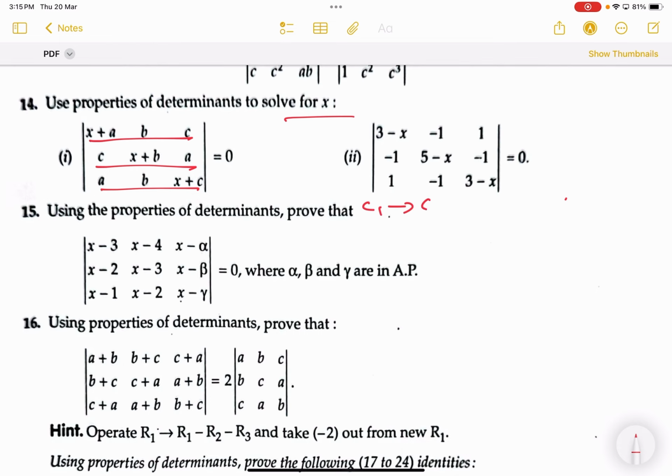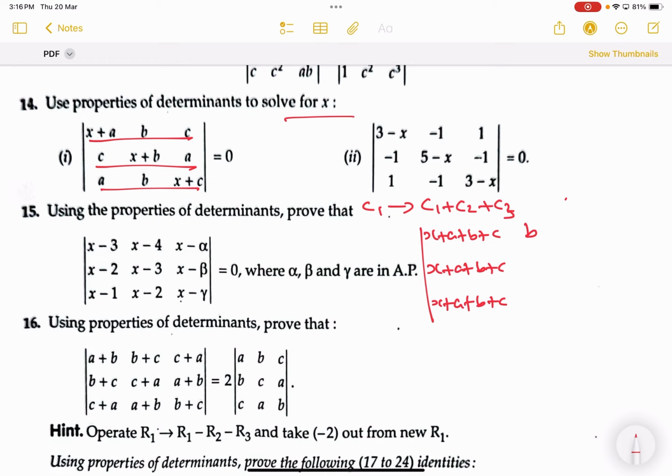Column 1 replace with column 1 plus column 2 plus column 3. So what will happen? X plus A plus B plus C, X plus A plus B plus C. By seeing this itself, we should get immediately some idea.